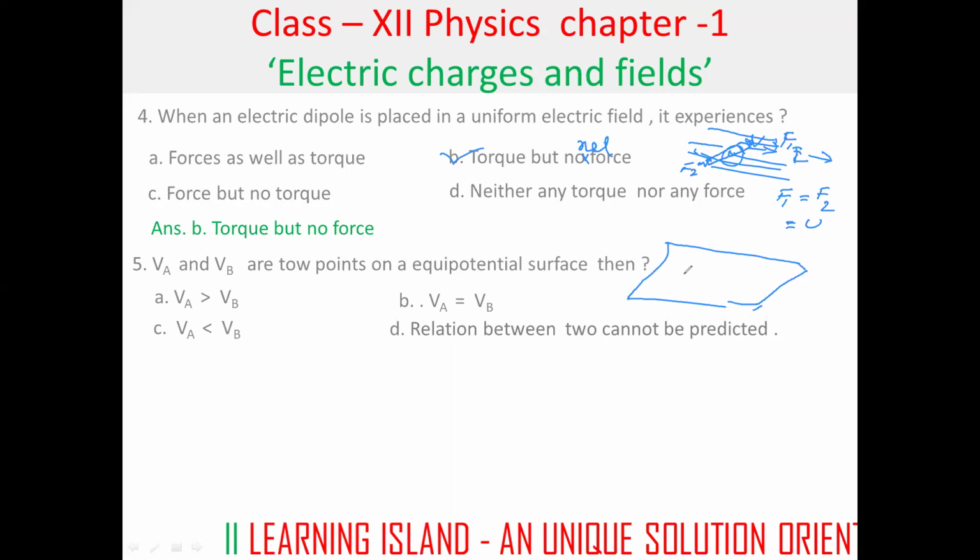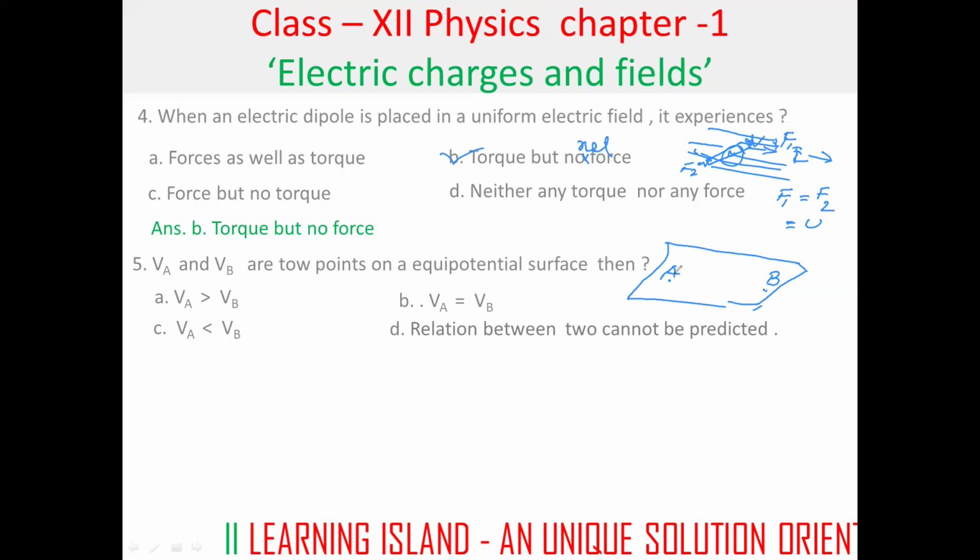If this point is A, this point is B, and if the potentials at A and B, or anywhere on the surface, are the same, then it is called equipotential. That is, potentials are equal at all the points on the surface.